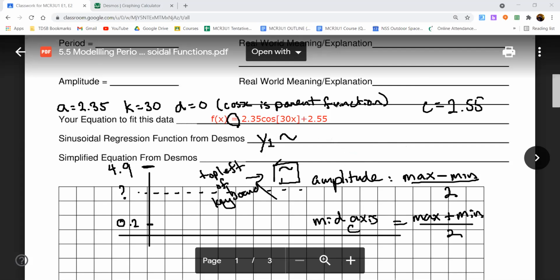Okay, so y1 tilde, and then just type in a cos, open a bracket, k, open a bracket, x1 minus d, close both brackets, plus c.